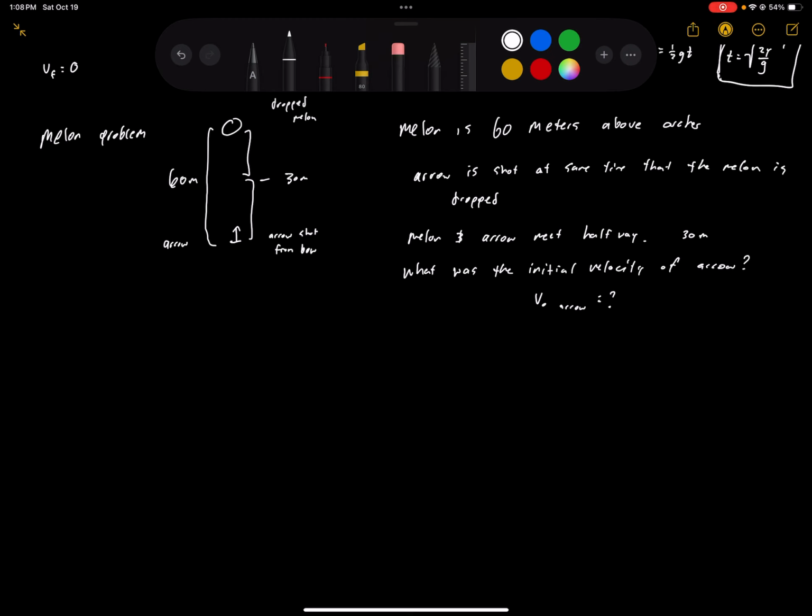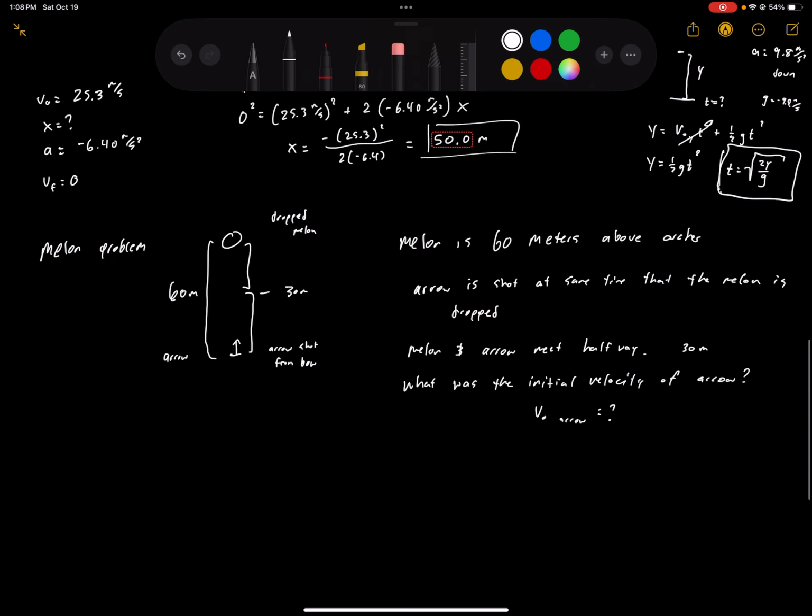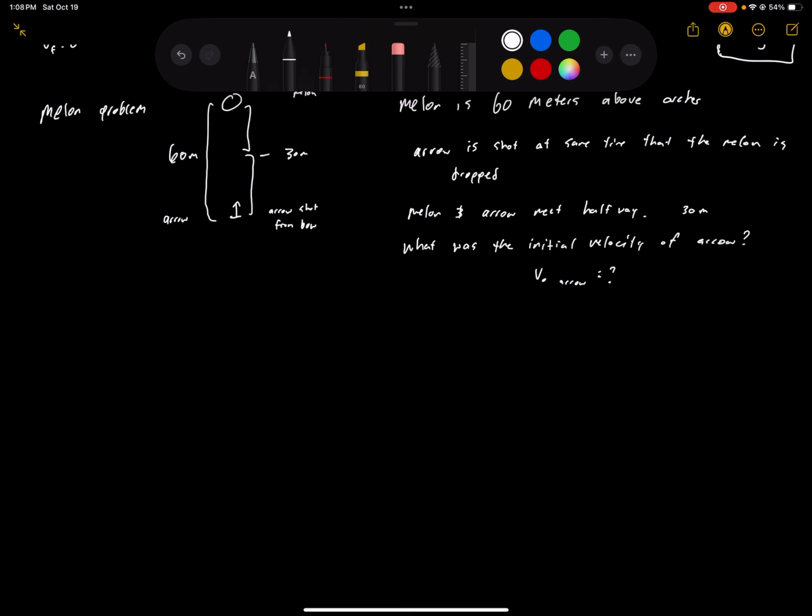All right. So I think in the book, the way they set up the melon problem, they just use equation 3 for both cases. But for the sake of keeping it simple in terms of how to approach this one, we're going to use the actual free fall equation.